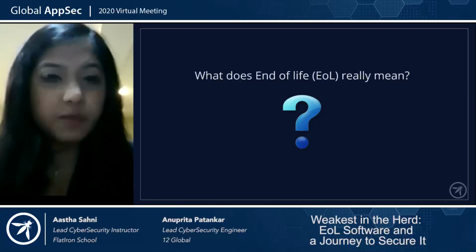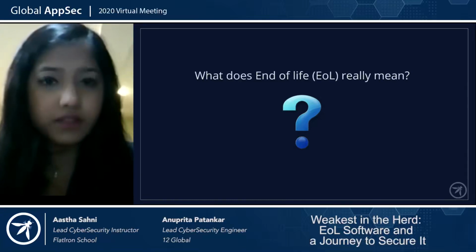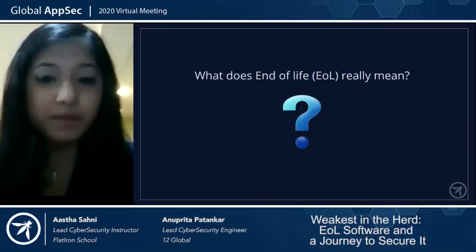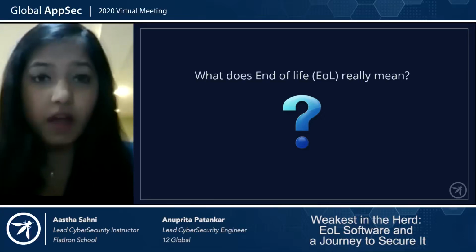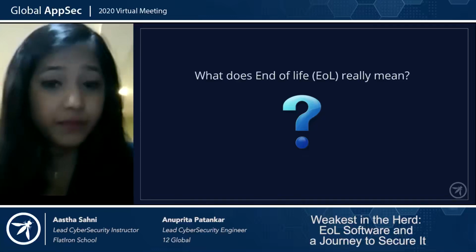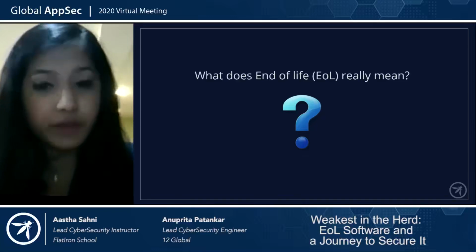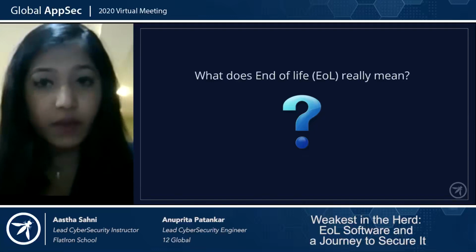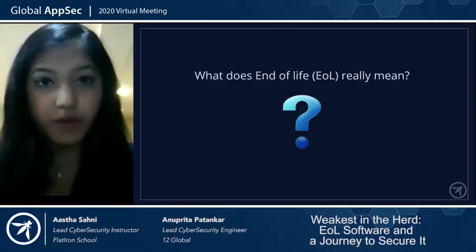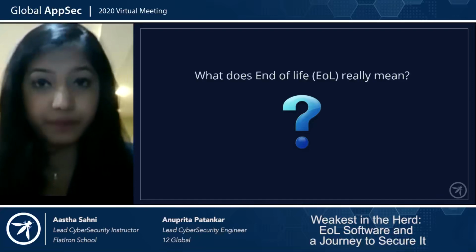Now, let's move forward and understand what end of life really means, especially when we talk about businesses which have been running systems or software for the past 10 to 15 years. Every product has a life cycle that begins when the software is released, and it ends when the developer or the vendor decides to stop creating software updates or security patches.